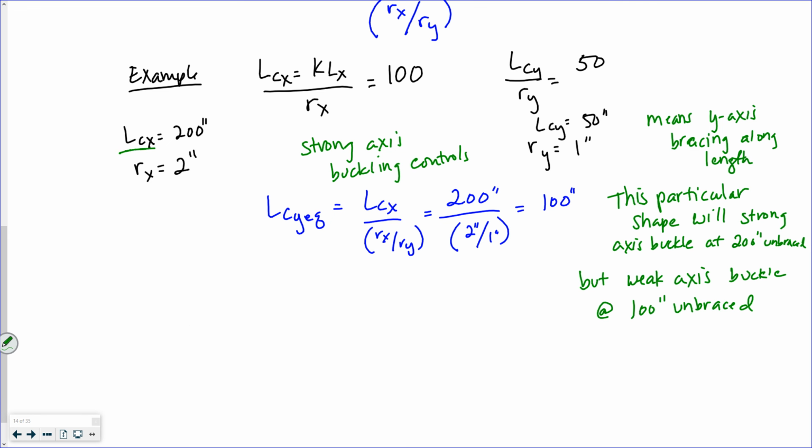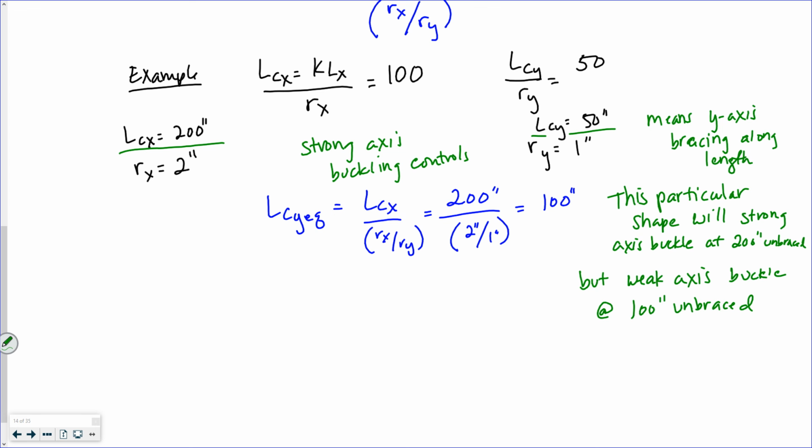My unbraced length in my strong axis direction is 200, but my unbraced length in my weak axis is 50. Well, it can be up to 100 before my weak axis starts controlling. So the fact that it's only at 50 means it's not going to buckle in my weak axis. It's going to buckle in my strong axis. So if I want to use the design tables, I need to come up with an equivalent length.